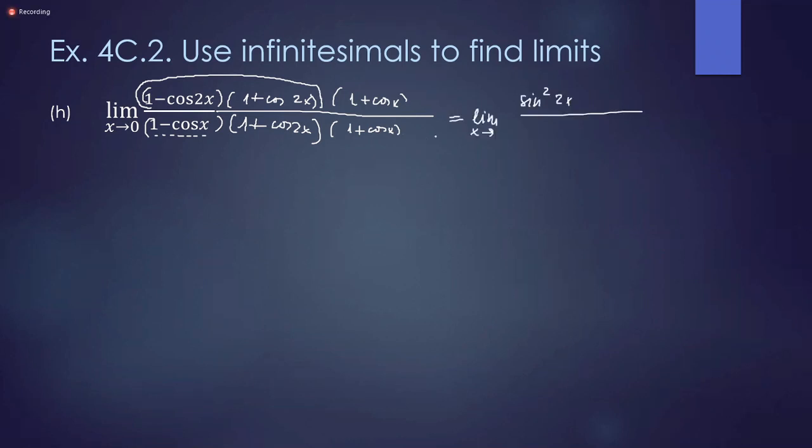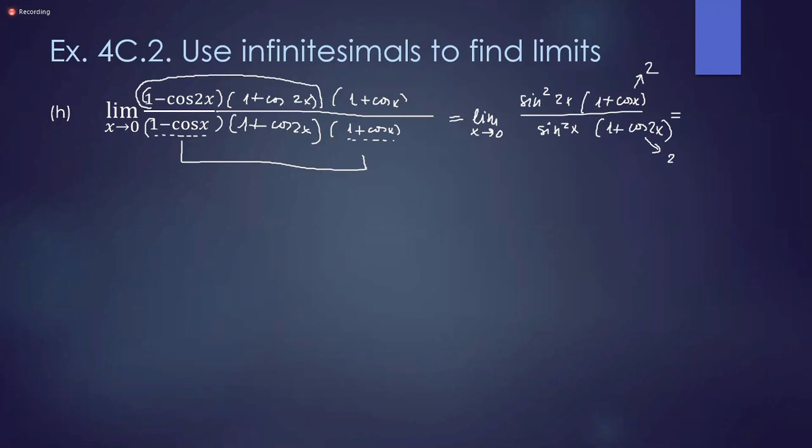And here we have these two together, that is 1 minus cosine square, that is sine square of x, times 1 plus cosine 2x remaining there. So this tends to 2, because cosine tends to 1. So these will basically disappear, and then we will be able to go on with the trigonometric approach.